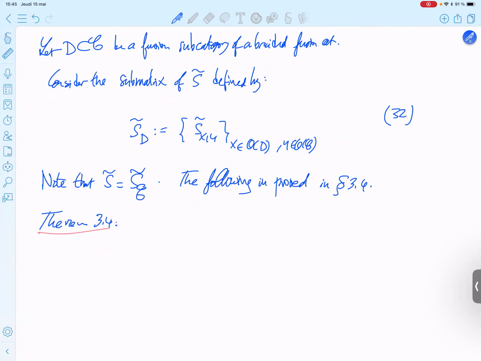In this big section 3, there will be subsections dedicated to proving such big theorems. So let C be a braided fusion category. So again, it's always the same thing. The braided fusion category. And let D in C be a fusion subcategory.